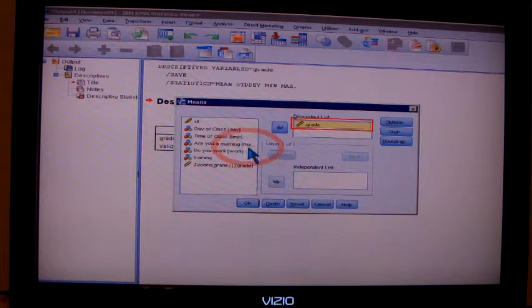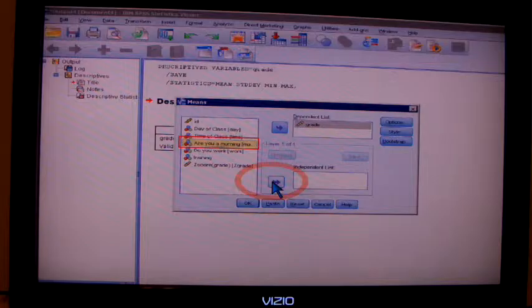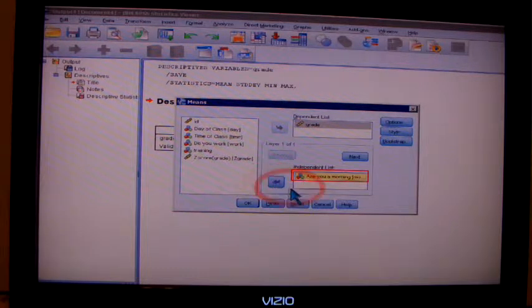That goes over there. Remember when we added ours, we put, are you a morning person, are you not a morning person? Notice when I hover over it, it did show the word morning here. So the variable, we called it, are you morning? So we want to put morning over for the independent.